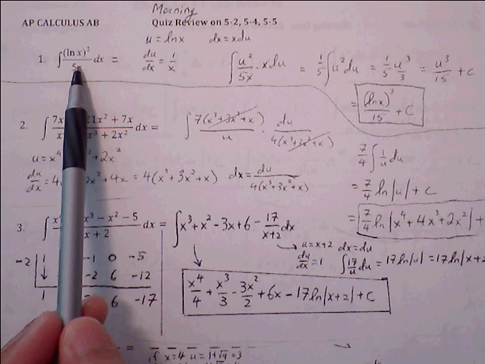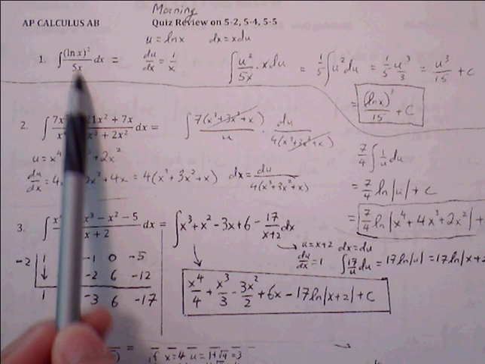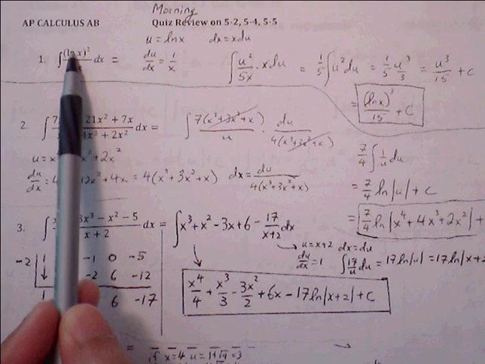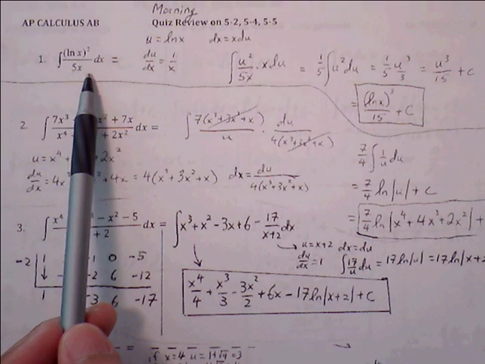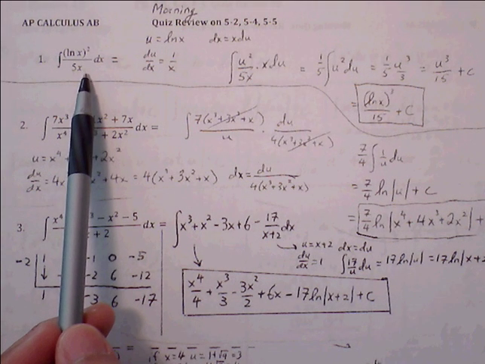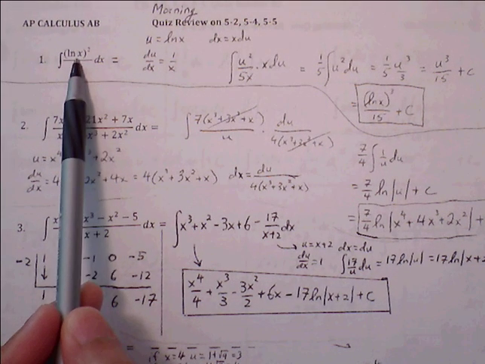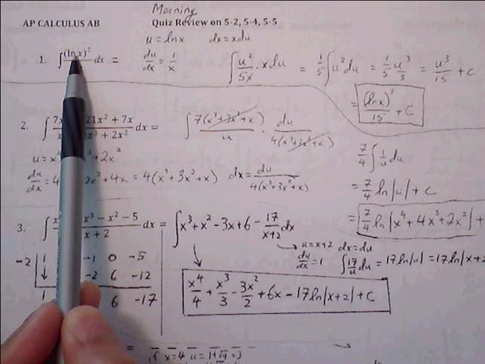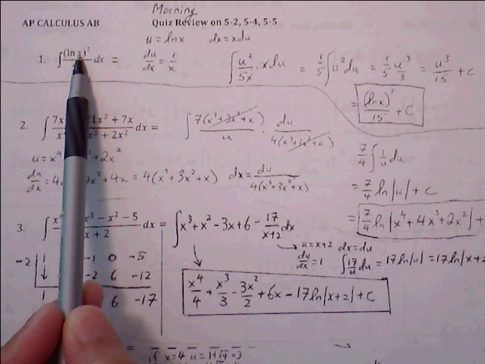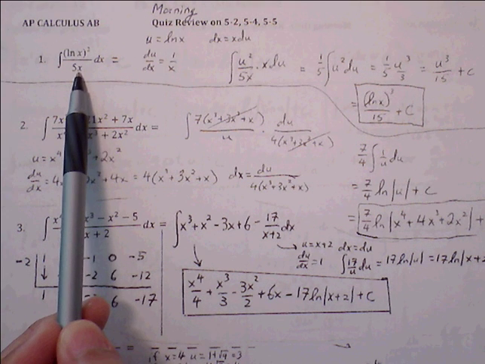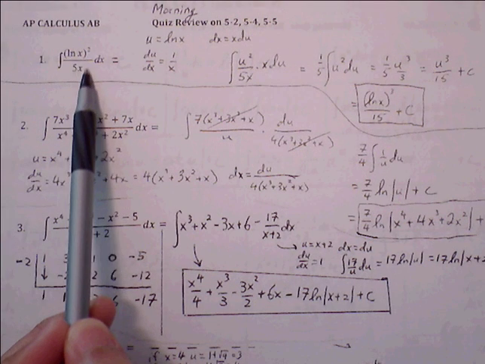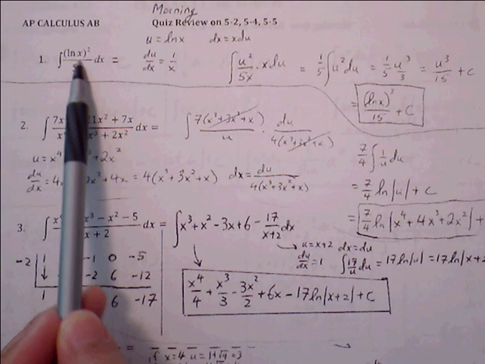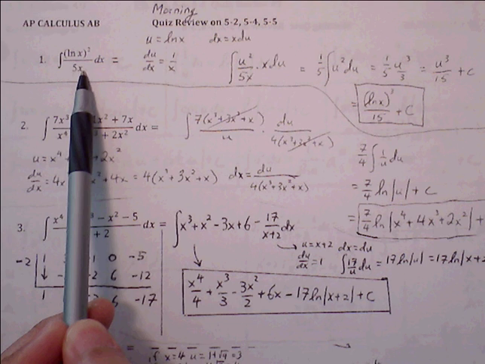solve this problem. So if we want to go through use substitution, if we see parentheses, then the first guess should be the portion that's inside the parentheses. So in this case, if we let the u value be natural log of x, then the derivative of natural log is 1 over x, and that should help match and cancel out this x, which is causing this problem to have too many parts initially to solve.